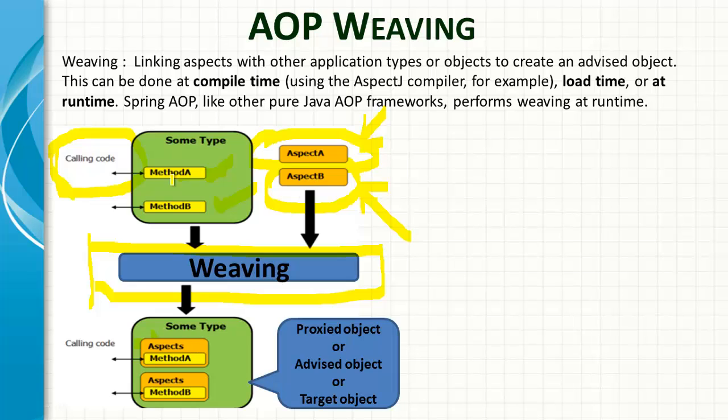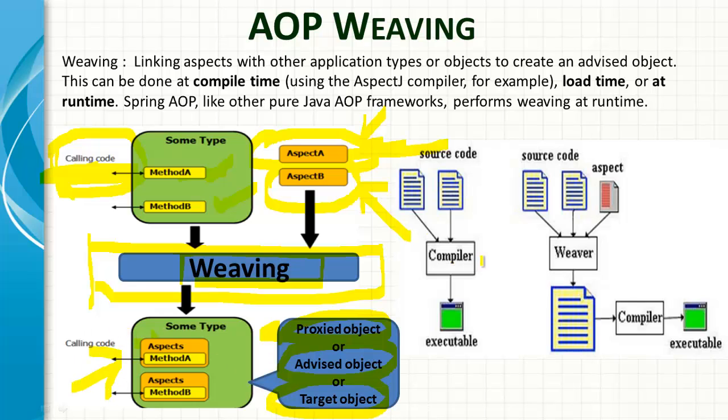You can attach aspect A in both method A and B, and you can attach aspect B in both method A and B as well. We'll see the details of how an aspect can be attached to some methods and to some types. But this is just an example which says that base code, primary concern, plus secondary concern are weaved together to generate a proxied object or advised object or target object.